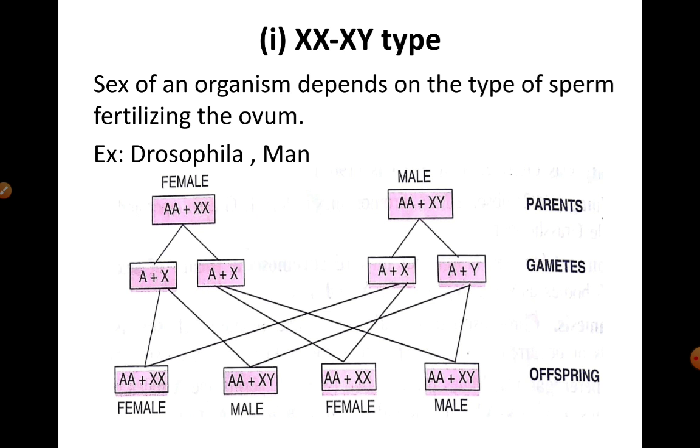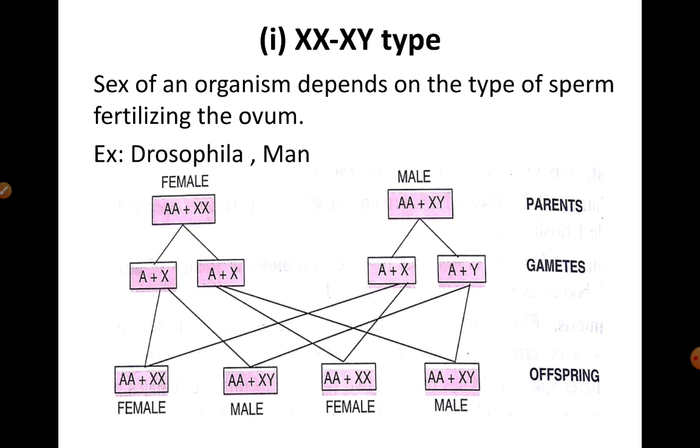The differential region of the Y chromosome carries only Y linked or holandric genes. Example, the TDF, that is testis determining factor. And this Y chromosome will also have genes specific for some characters of males.